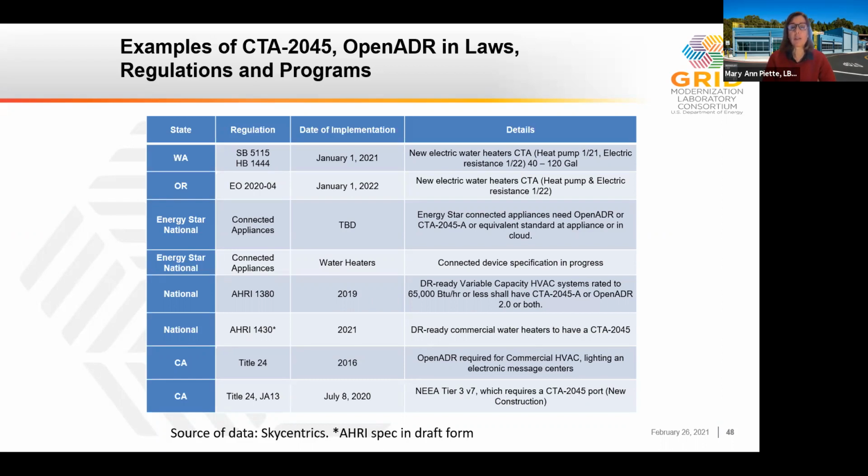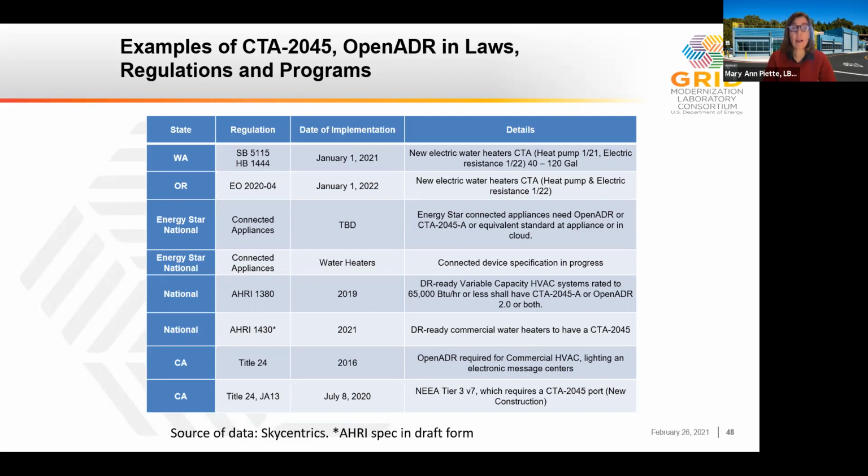Energy Star is having new requirements around connected devices and the use of OpenADR. There's work on water heaters with Energy Star, AHRI 1380 and AHRI 1430. We have a variety of standards that are coming out for HVAC systems that have CTA 2045 and/or OpenADR.